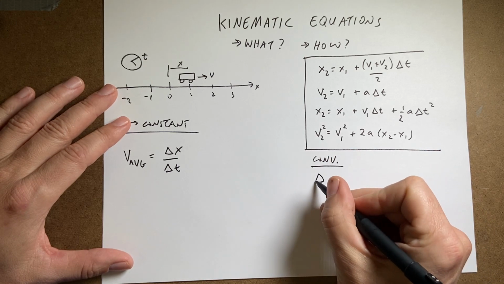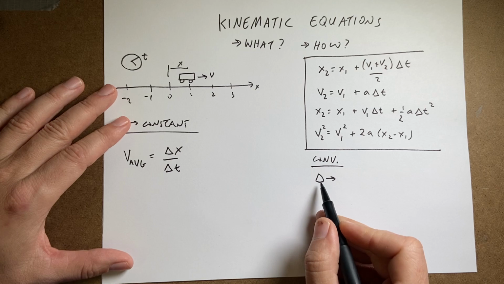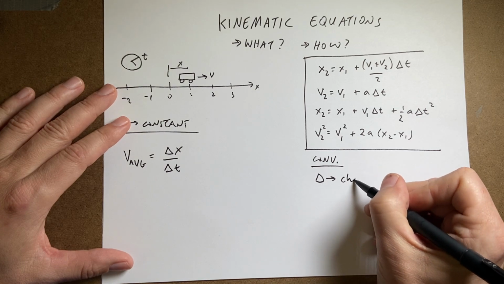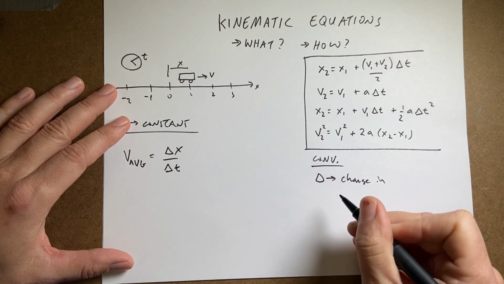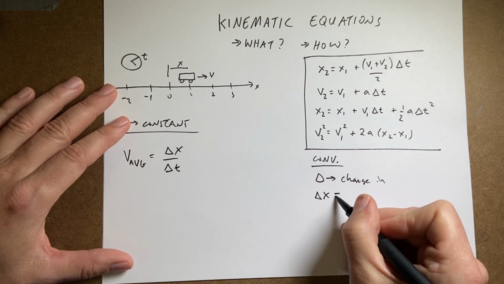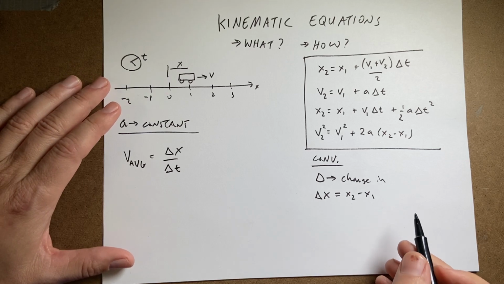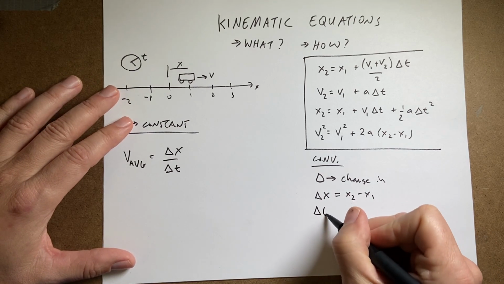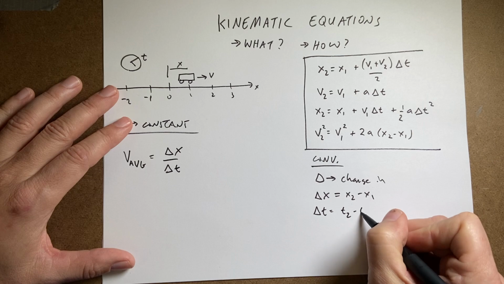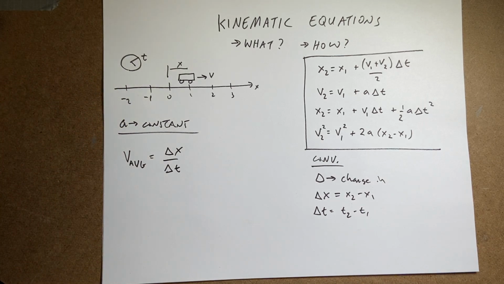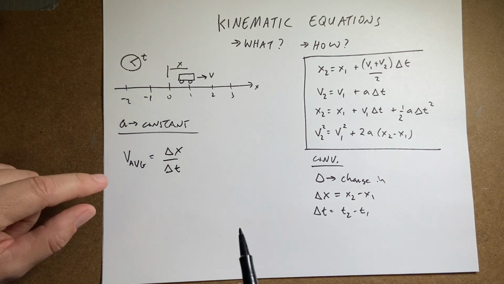The first one is delta. When you see this triangle delta, this literally means change in. So delta x is equal to x2 minus x1, or x at the end minus x at the beginning. Delta t is going to be t2 minus t1, or t final minus t initial. We're going to talk about that too. So that's what delta means.